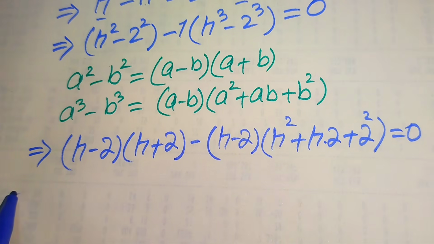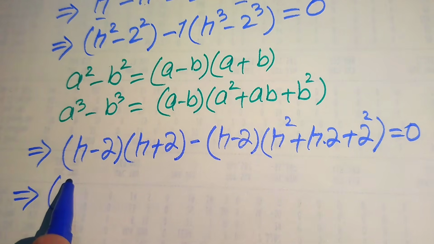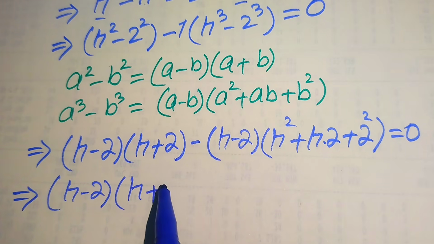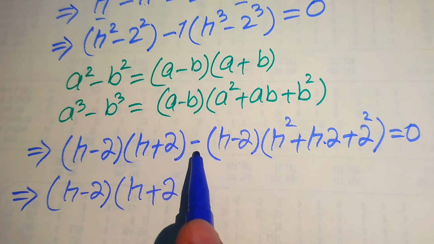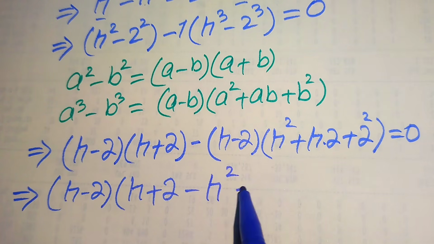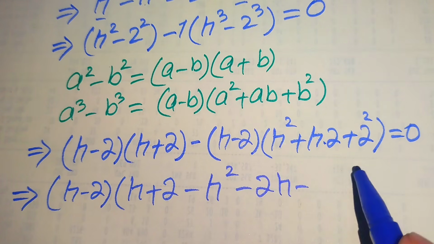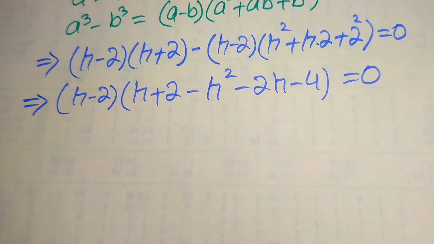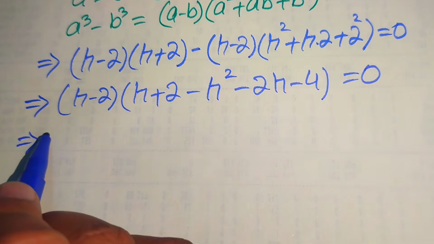You see that on both of these terms we have h minus 2 as the common factor, and after taking it common we get h plus 2, and multiplying the minus sign on each of these values, it will be written as minus h square minus 2h minus 4, and this whole equation is equal to 0.